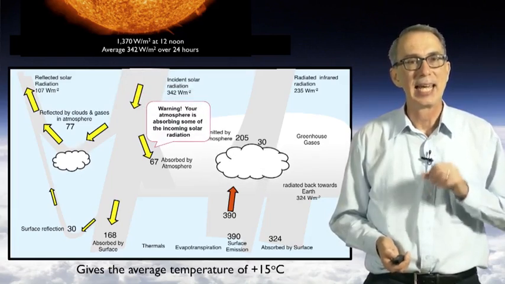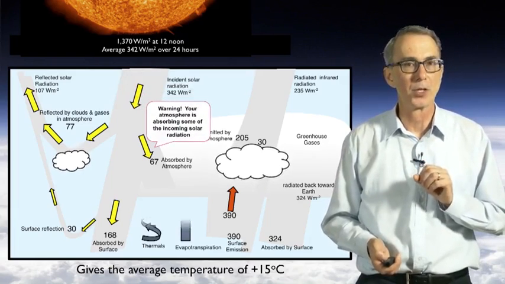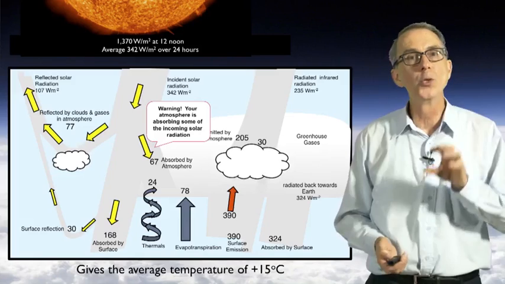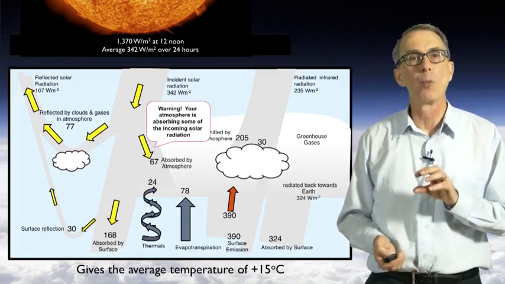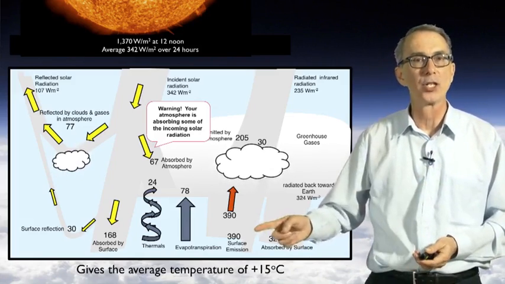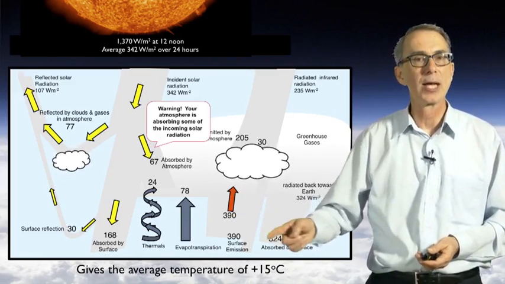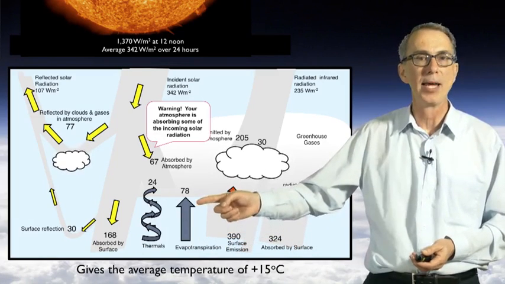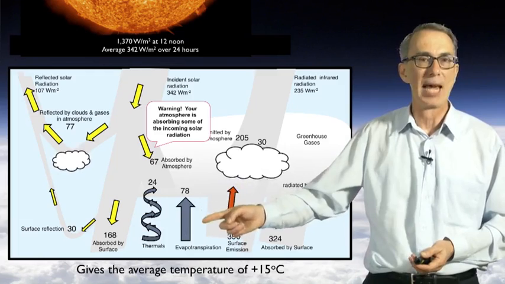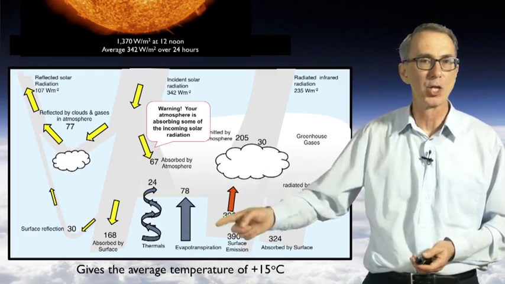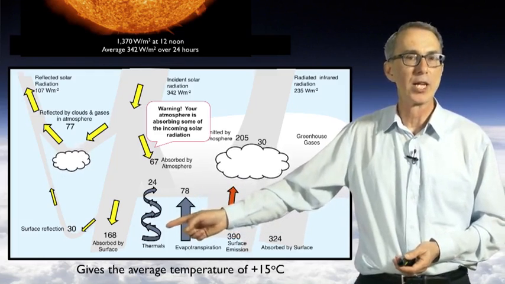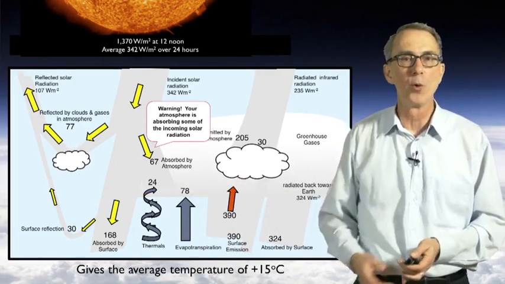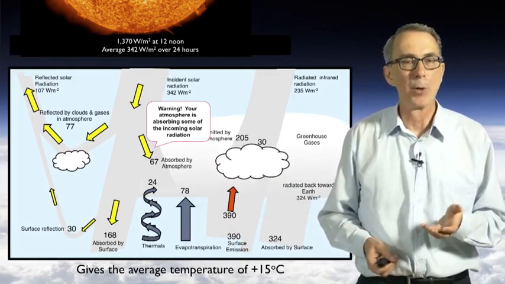That then heats up the atmosphere and the surface of the Earth, and that then loses energy, first of all by infrared radiation from the surface of the Earth here, as well as losing heat by direct warming up of the atmosphere above it through conduction, and also transfer of heat by thermals and evaporation.